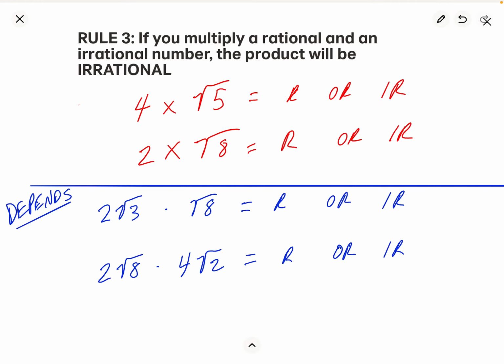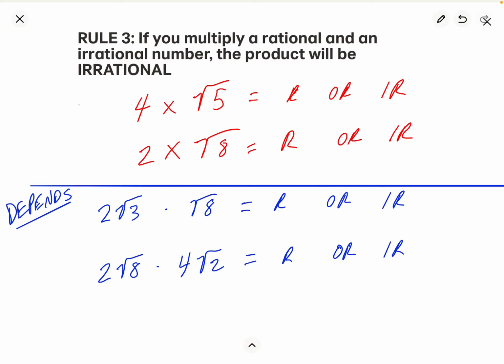Now, it's kind of a similar idea for when you're multiplying or dividing. So my rule for this one is if you multiply a rational number with an irrational number, you will always get an irrational number, unless the rational number is 0.